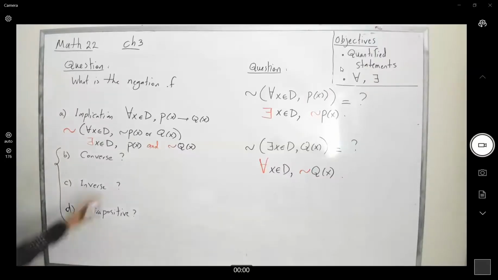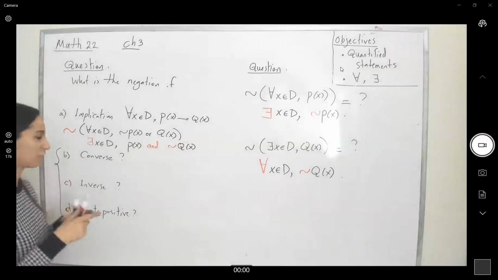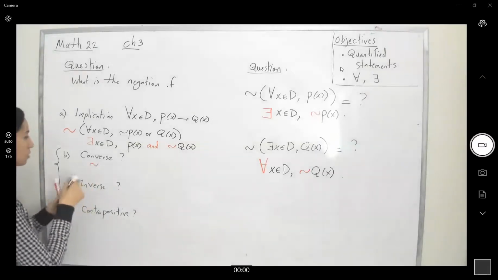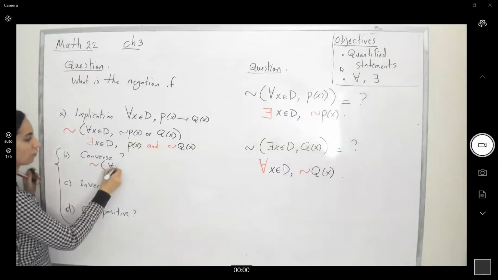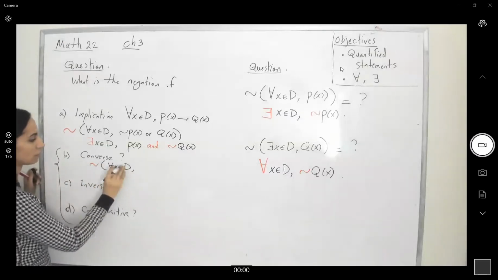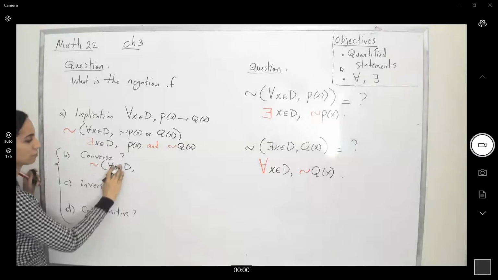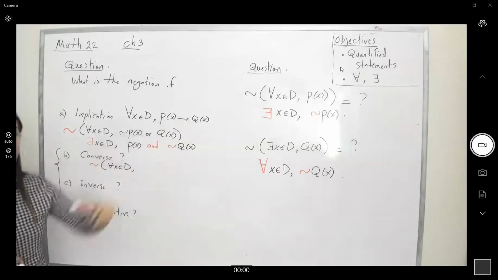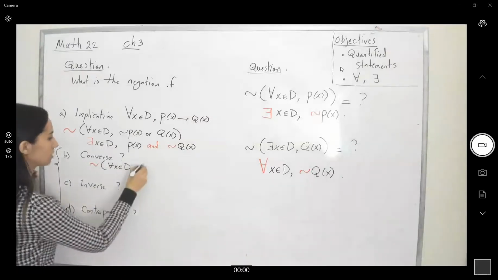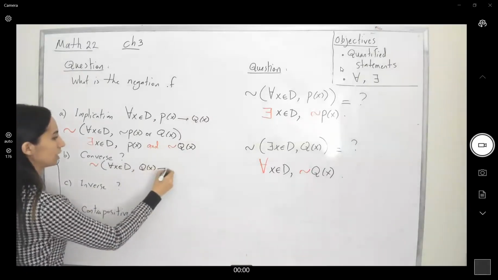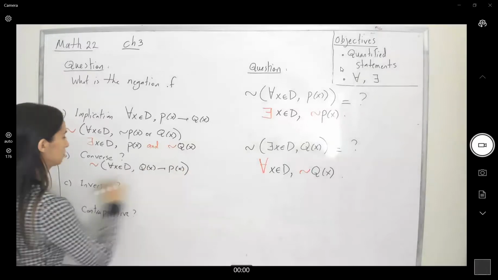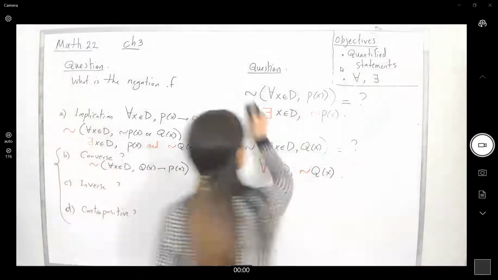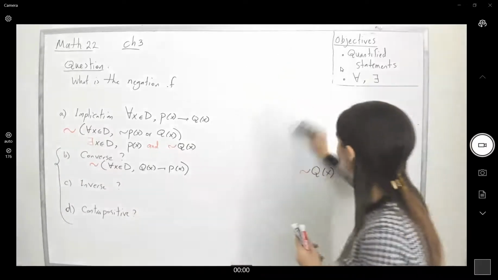So what if we have converse? When you have converse and you want to negate the converse, this is going to be the negation of for all x in D such that Qx then Px. So remember that if we have P then Q, its converse is Q then P. So we're negating this one. Let me erase this one off the board. I need more space.